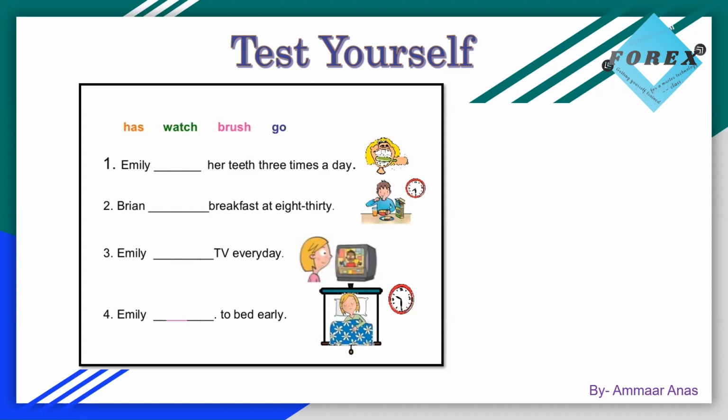Here we won't add s or es because has won't be joined with either of that, and has already has an s in itself. And then we can see she's watching television. So Emily watches television: watch and es. And then finally she's sleeping. Emily goes to bed early. So she goes to bed early.